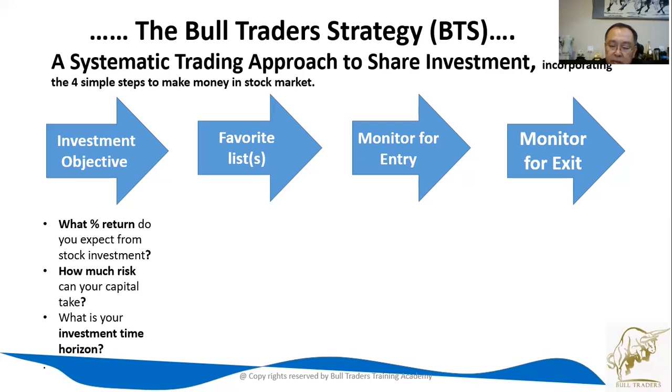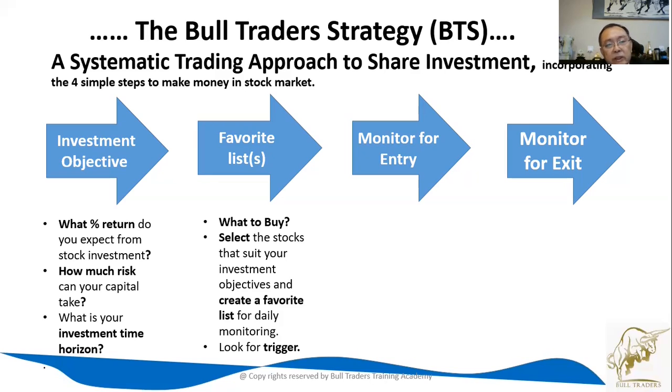As I said just now, in the various categories of stocks, there are stocks where the volatility is very high. When you have high volatility, it means the risk is high, but the returns can be high as well if you know how to manage it. So what kind of risk can you take? What is your investment time horizon? Is it 1 month or 1 week or 5 years? It takes a long time for you to see your portfolio grow.